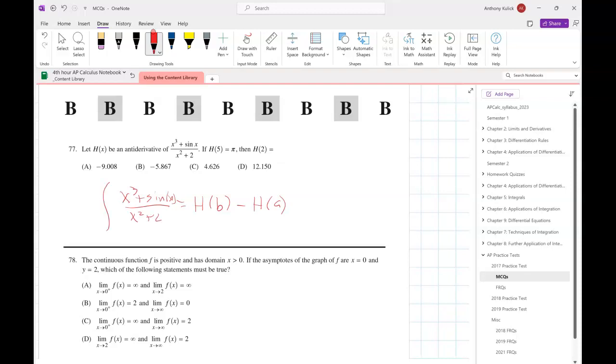And we want to evaluate this from 2 to 5, because we're interested in h of 5 and h of 2. That is something we can just type into our calculator. And that's pi. So we just do some algebra at that point to solve for h of 2. Oh my gosh, is that it? That's it, man.